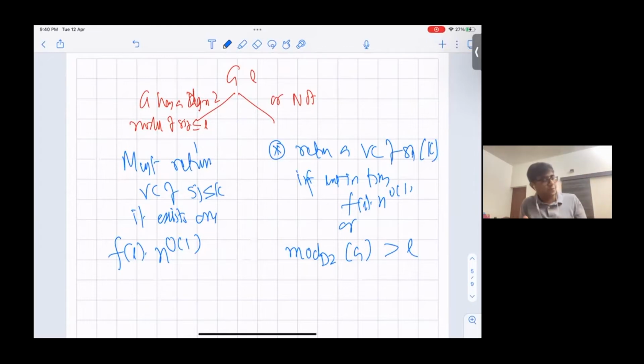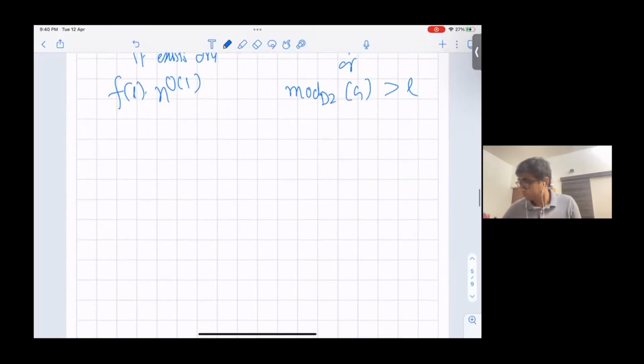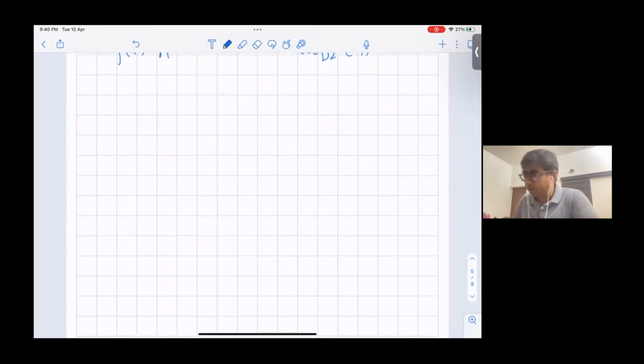But when the input is not of this nature, it can sometimes return an answer correctly, or sometimes it can just return that your input is not of that type. So for example, I will give you a very good example, which will be much more instructive.